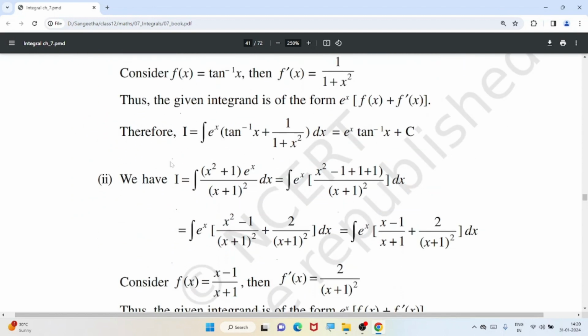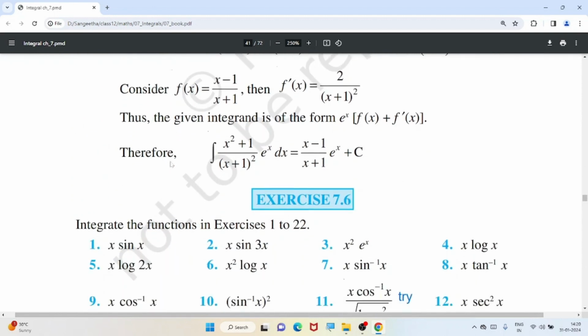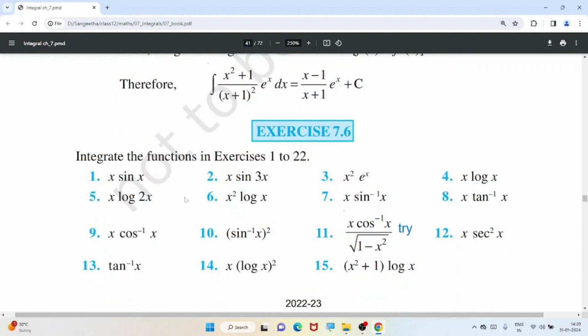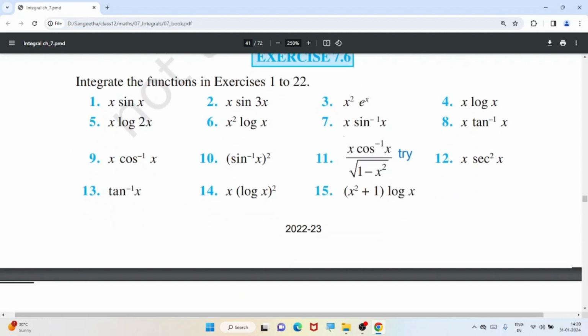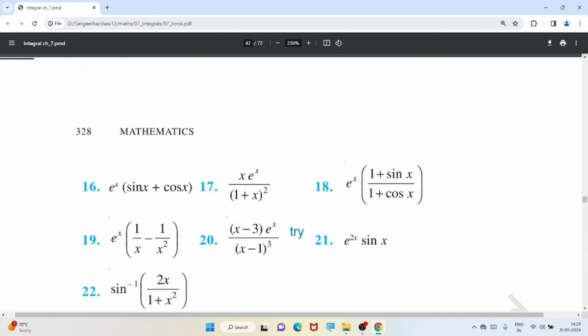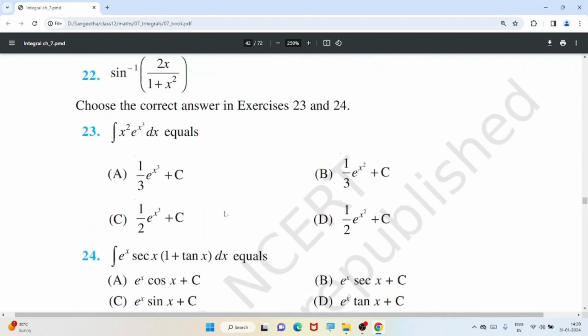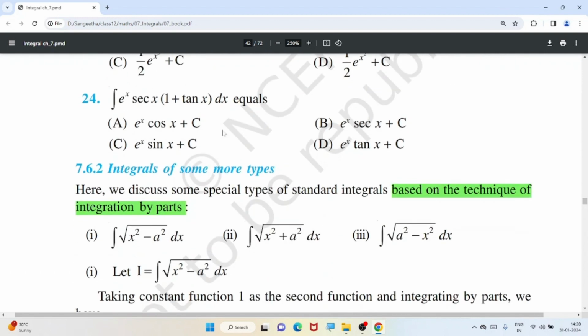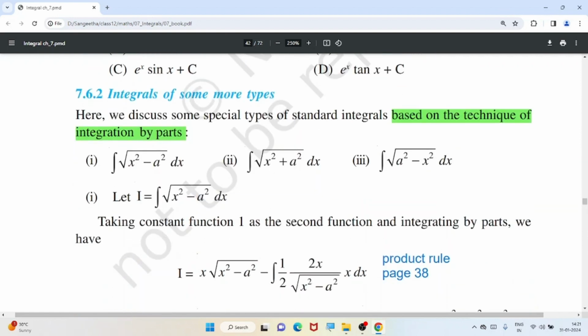This chapter is a big chapter, so you should spend some time to understand these various integration rules. So, some more types based on the techniques of integration by parts.